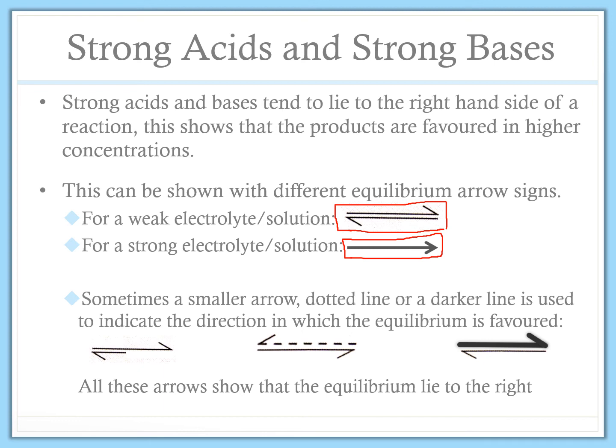But if we have something that is pretty strong but not totally strong, we can have these kind of weird arrows where one arrow is strengthened or weakened. All 3 of these indicate that equilibrium lies to the right. You may see these. Do not use them. Only use this type of arrow right here or this type of arrow right here. Don't use these right here.